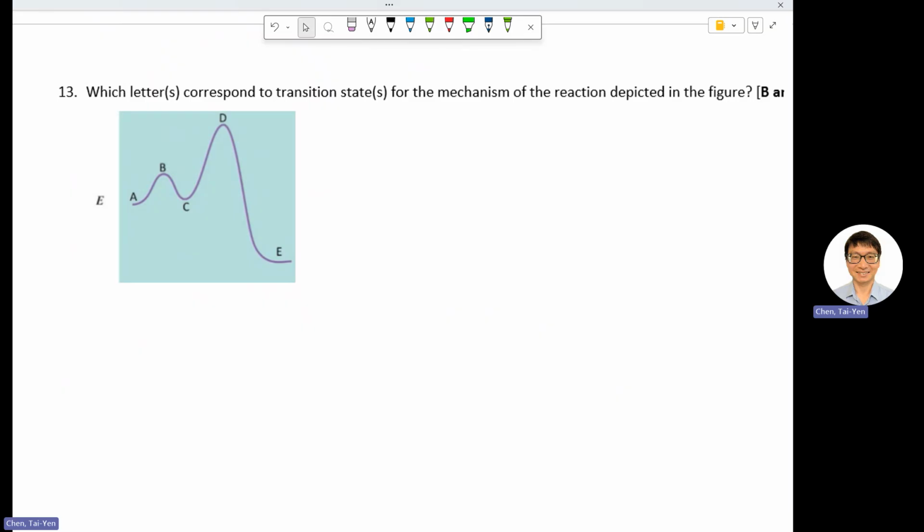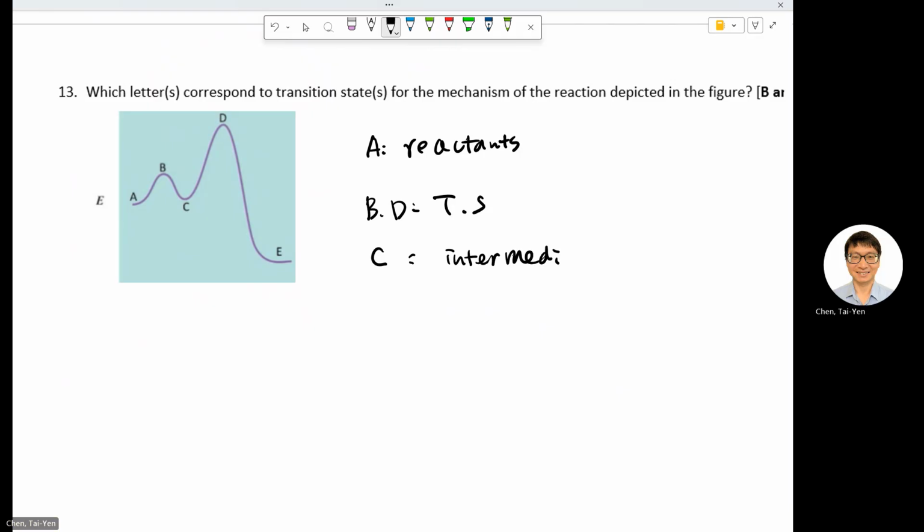What's A? Good. What's C? C is the intermediate. What's E?